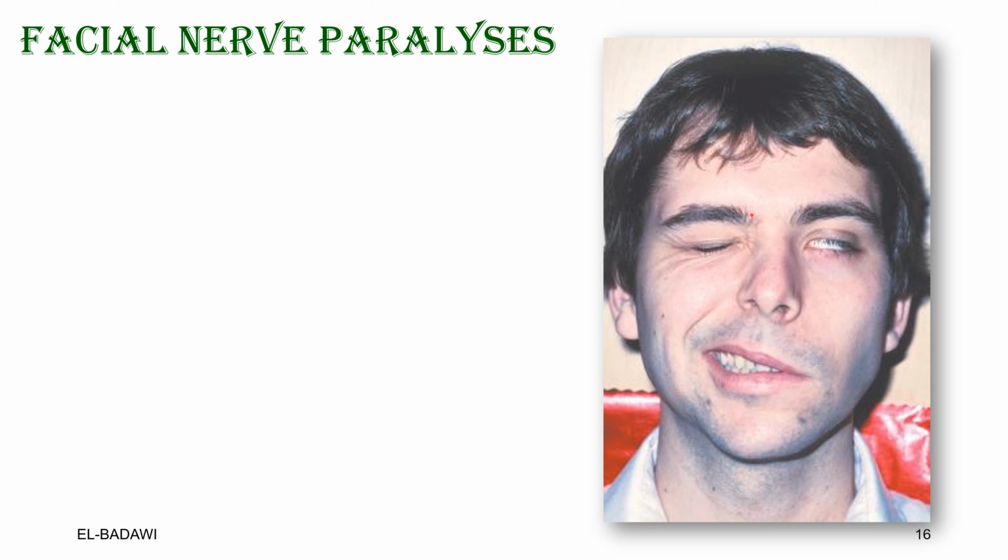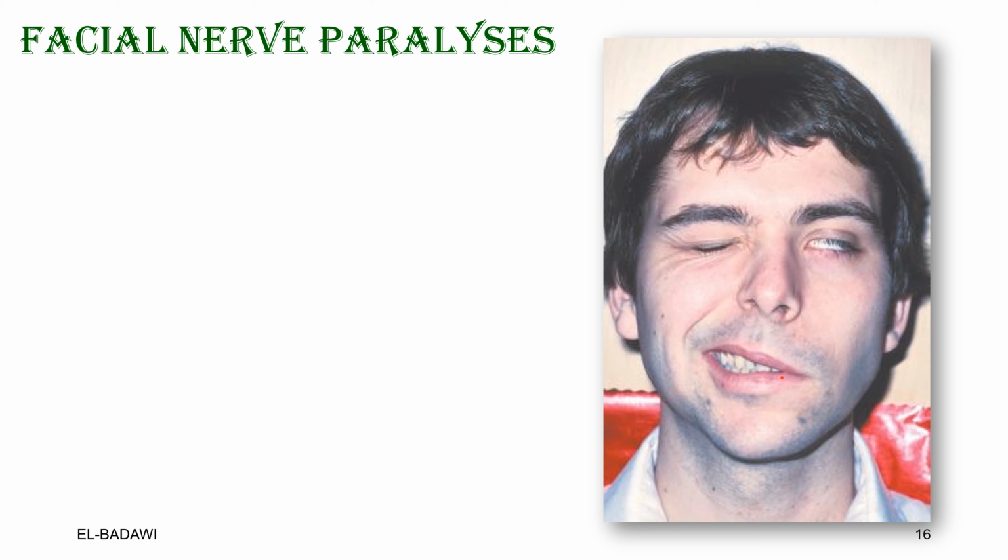Also, you can see the right eye, he can close his eye using the orbicularis oculi, which is still healthy. On the left side, the eye is not closed. So these are the main features when you look at the face of a patient with a left nerve paralysis.